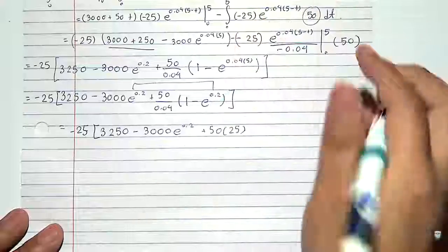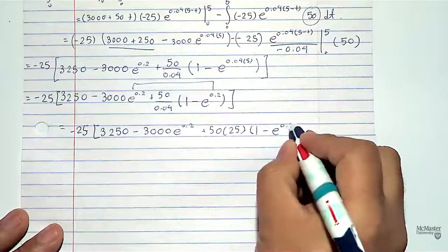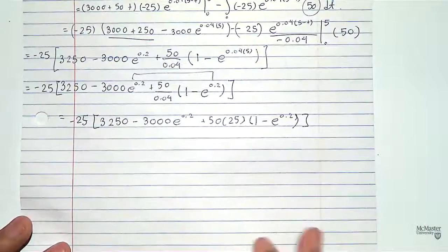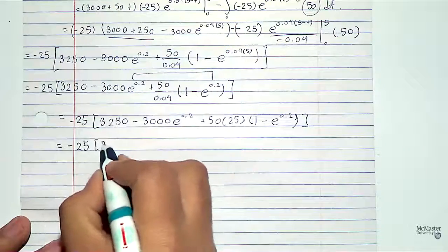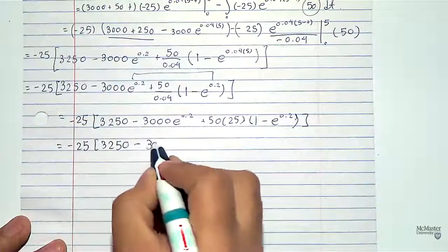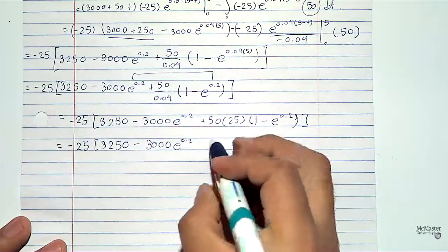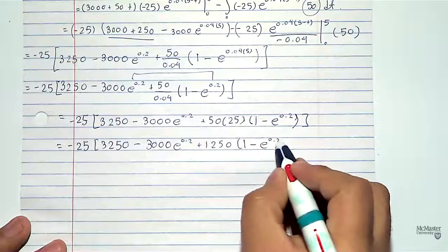If you remember, the inverse of 0.04 was 25, and then 1 minus exponential of 0.2. I'm going step by step just to have everybody with me. So this is minus 25, 3,250 minus 3,000 exponential of 0.2. This is 1,250. And this is 1 minus exponential of 0.2.